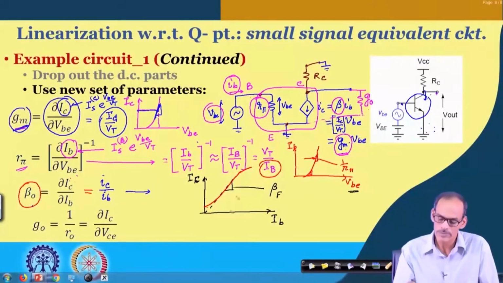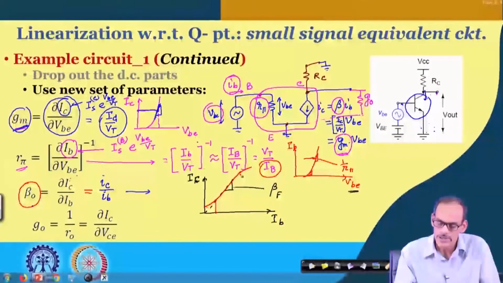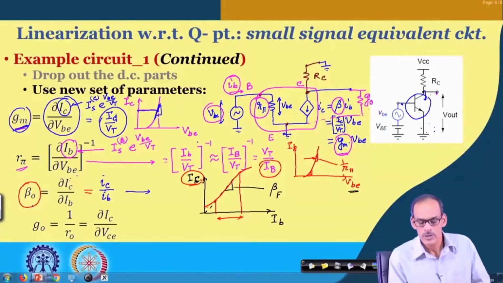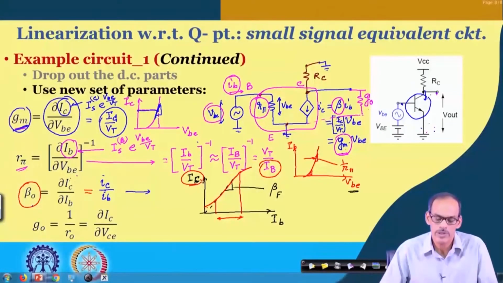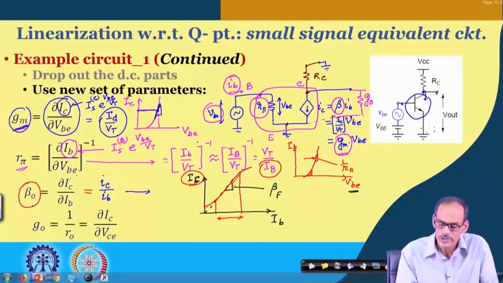I will not go into the detail of the sources of those nonlinear parts, but as long as you keep the transistor within a certain range, say a collector current of a few hundred microamperes to maybe 10 milliamperes for a normal transistor, the slope is fairly constant.